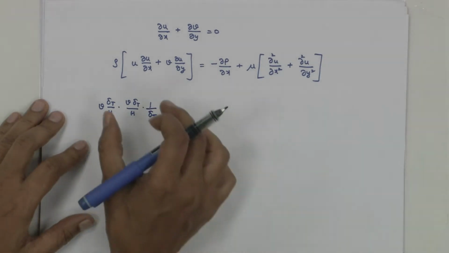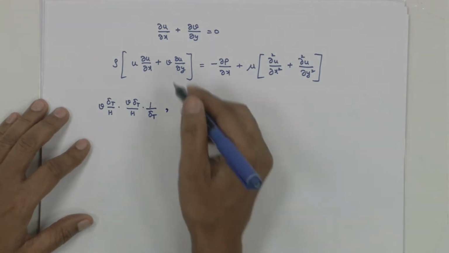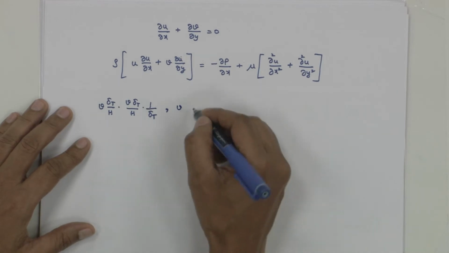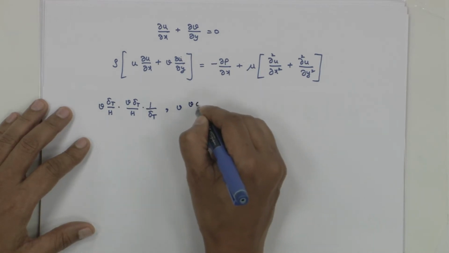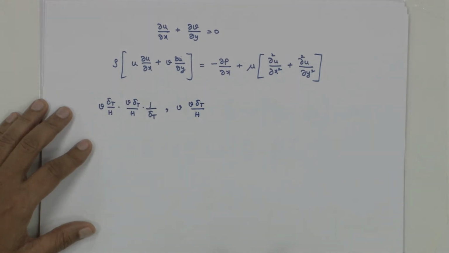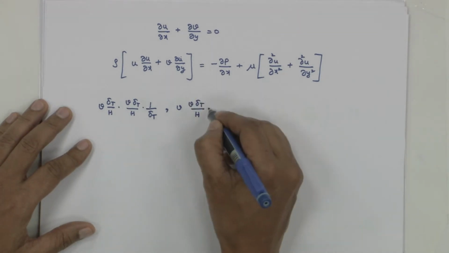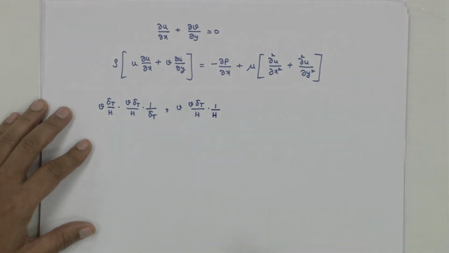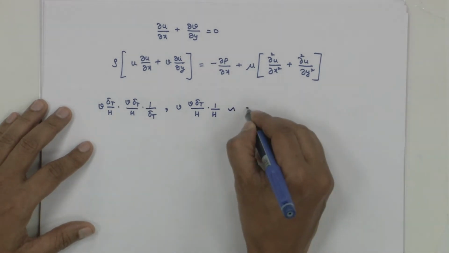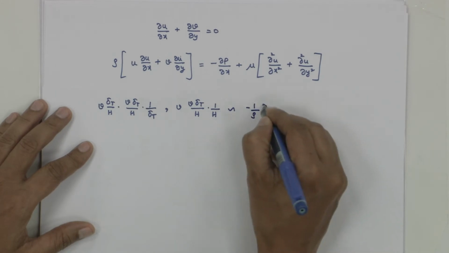That is the first term. Next, the v scale is V only, del u by del y is V delta t by h, and the scale of y is h. This should be of the order of minus 1 by rho del p by del x.